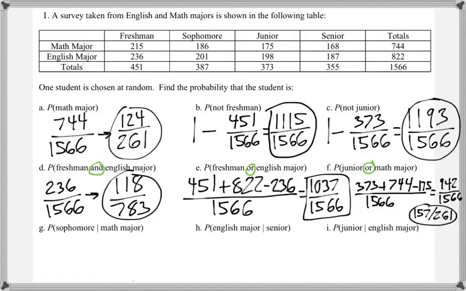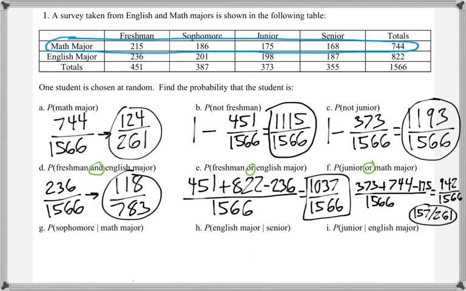Part G is a conditional probability question, and this notation stands for find the probability that the student is a sophomore if we know that the student is a math major. So because we know the student is a math major, we are only looking at these 744 students. We only care about the top row.